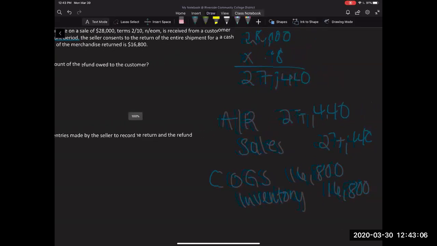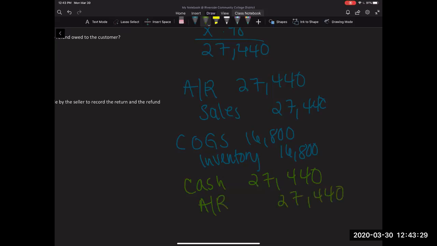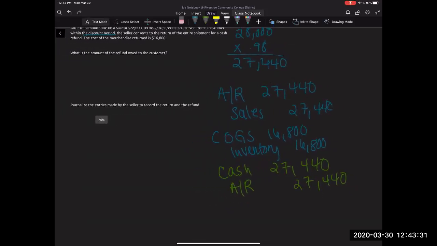So I'm going to go off to the side and record that: a debit to cash of $27,440 and a credit to accounts receivable of $27,440. All right, I'm going to move back this way.